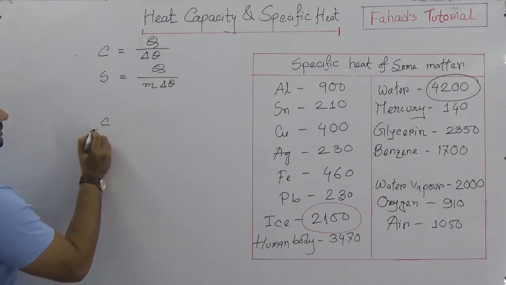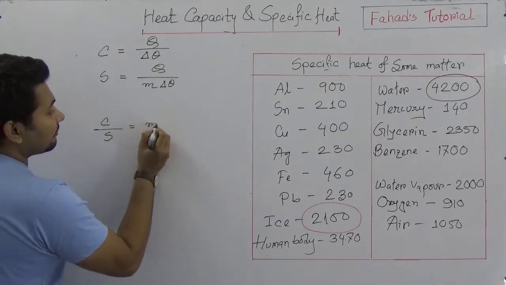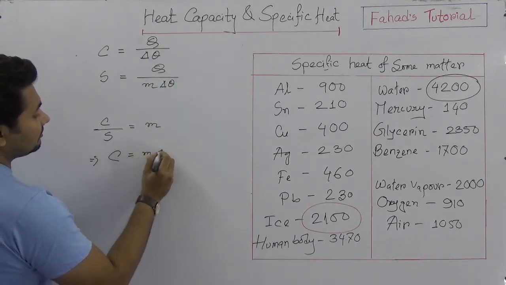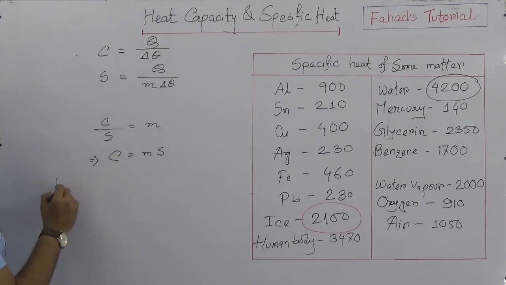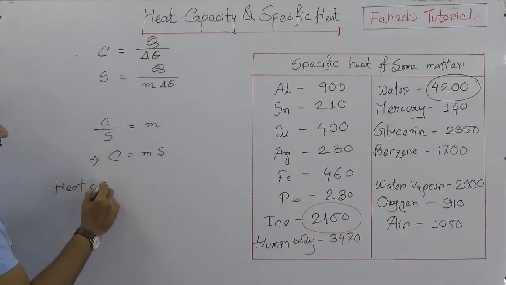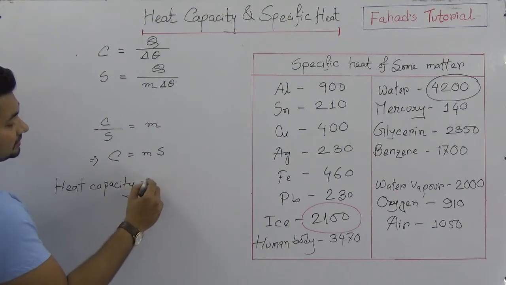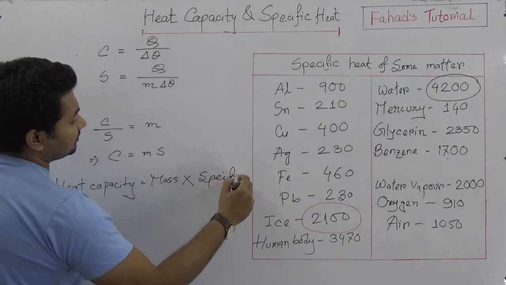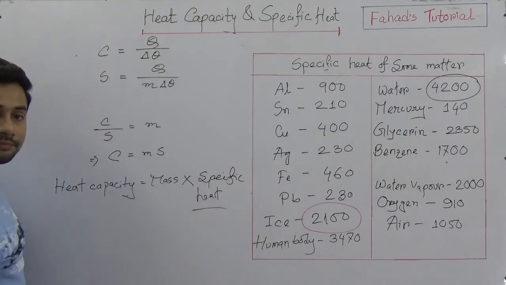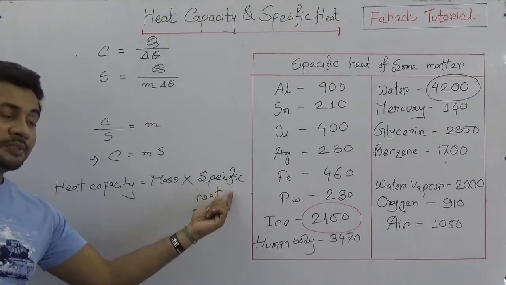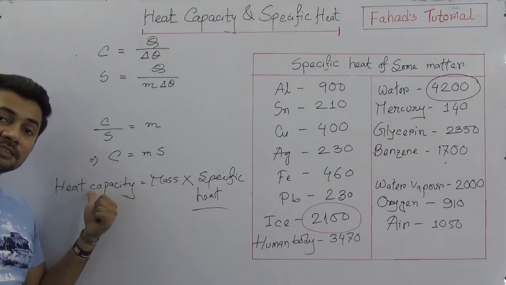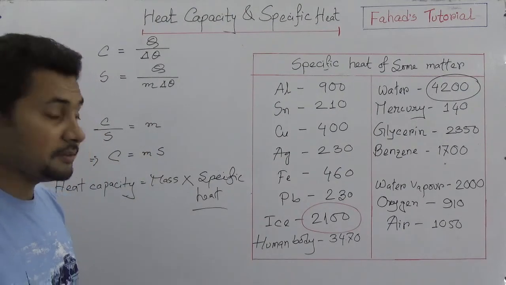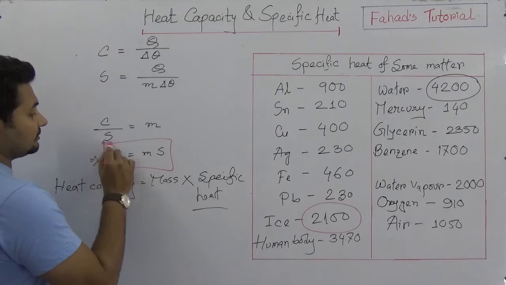So if I divide C by S, we will get M. Simply, C is equal to M times S. It means that heat capacity is the mass of the material times the specific heat of that matter. Or we can say that specific heat equals heat capacity divided by mass. So C equals MS is the relationship between the heat capacity and the specific heat.